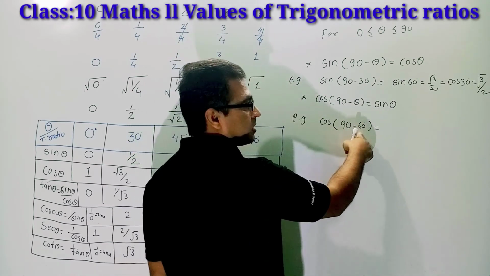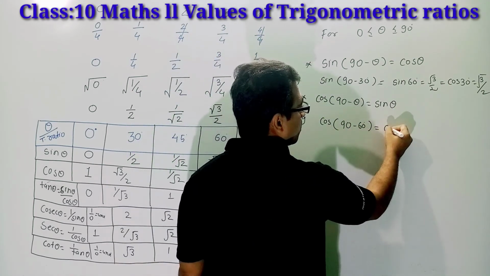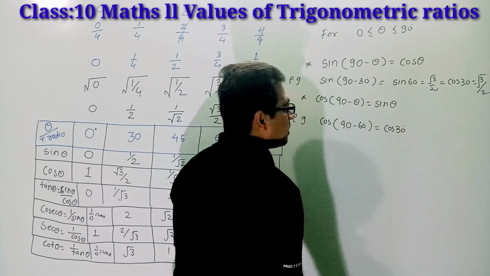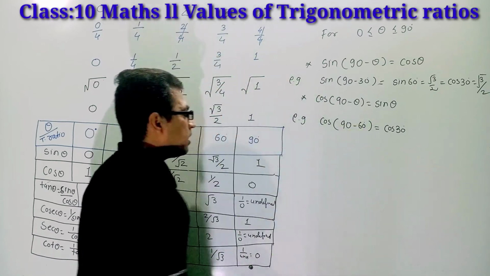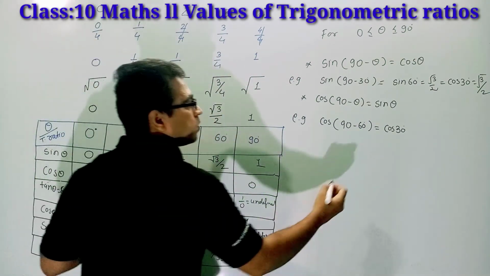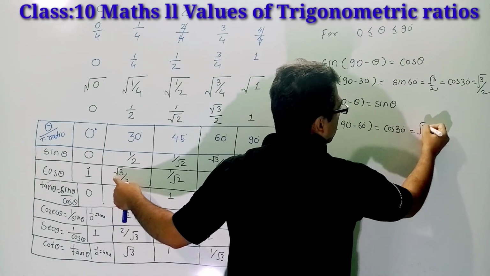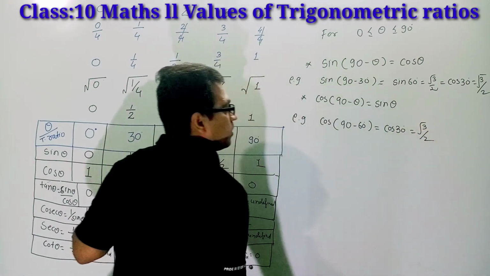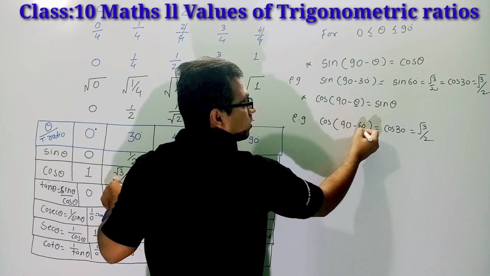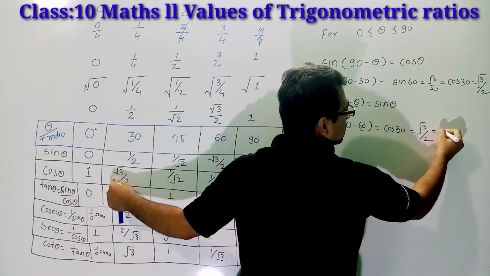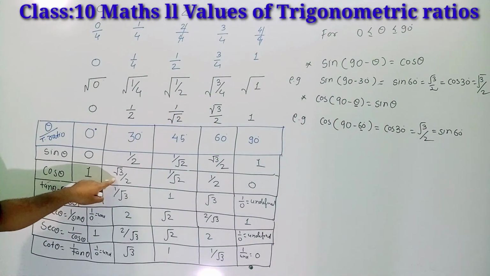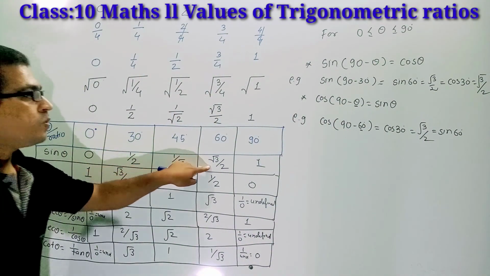Cos 90 minus 60 degree will be cos 30 degree. And we can see that cos 30 degree is root 3 by 2. We know that cos 90 minus theta is equal to sine theta, so theta is 60 degree. So here we will write sine 60 degree. What is the value of sine 60 degree? Root 3 by 2.